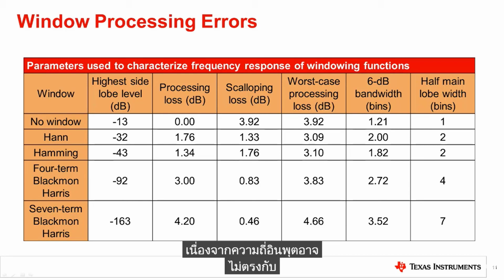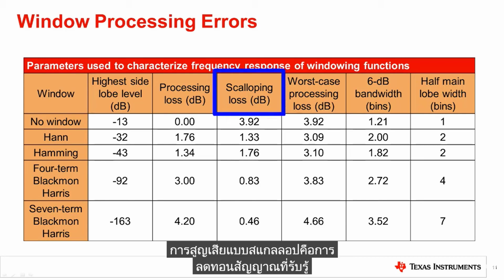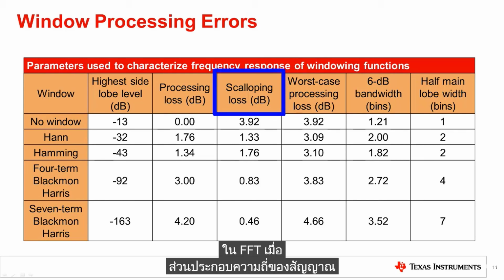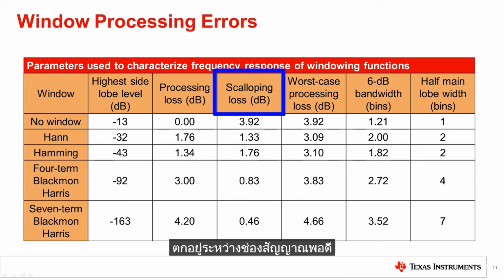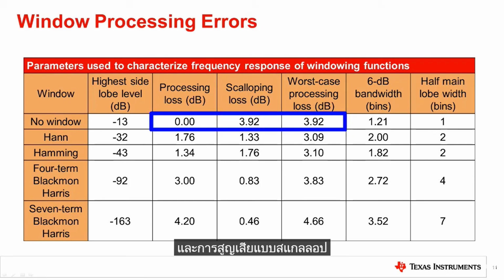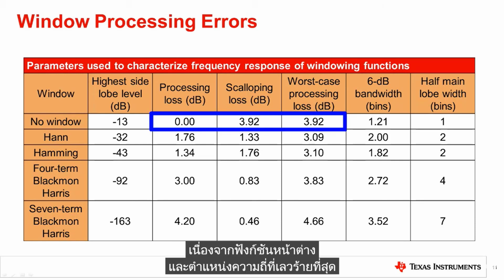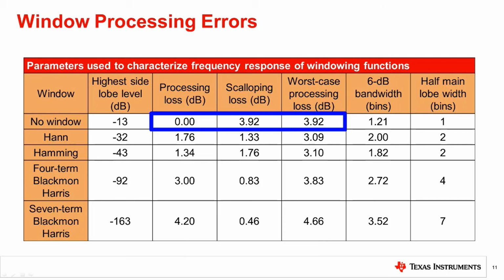Since the input frequency may not match exactly the frequency bin in a non-coherent test setup, the scalloping loss is the perceived signal attenuation in the FFT when the signal frequency component falls exactly between bins. The worst case processing loss is the sum of the processing loss and scalloping loss, and it provides a measure of the maximum SNR reduction due to the window function and the worst case frequency location.